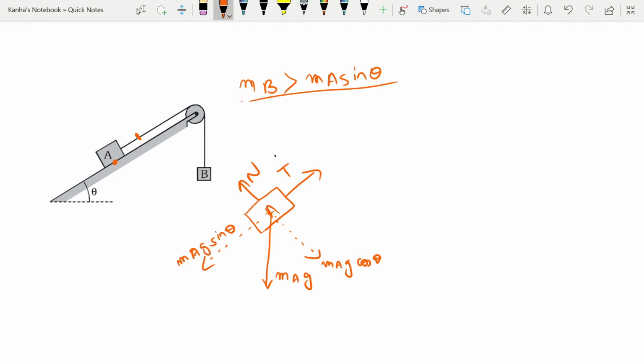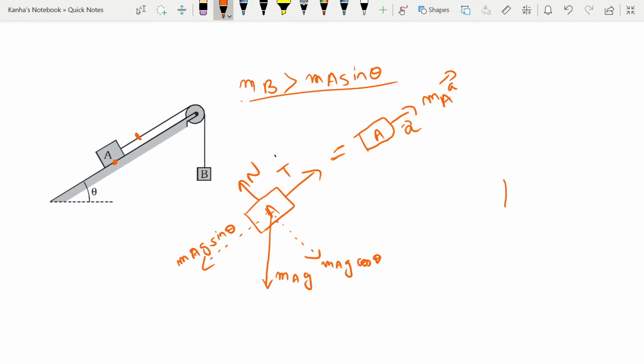Now this body is equivalent to A moving up the incline, in this direction, with an acceleration small a, and the net force acting on it is MA into A.